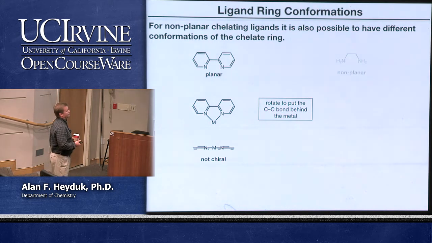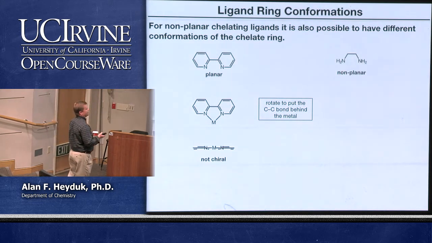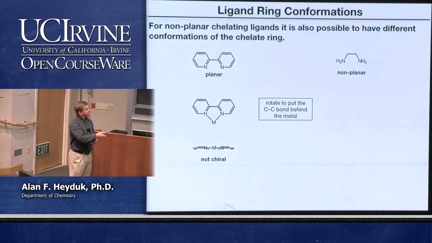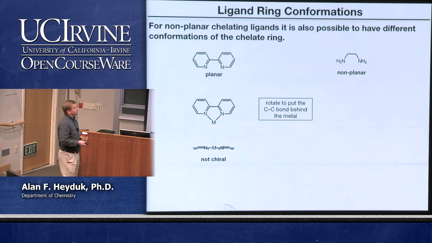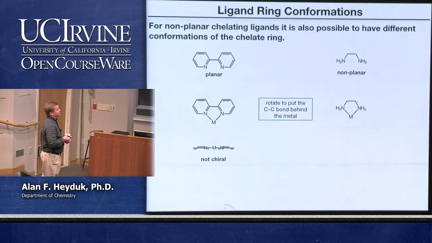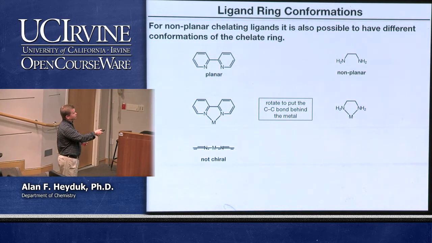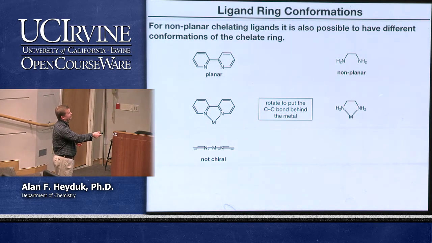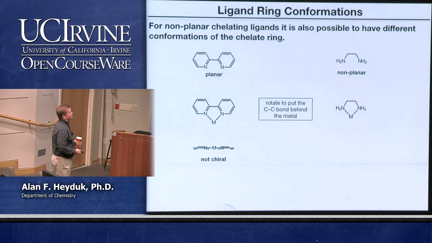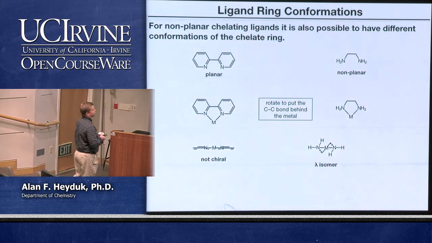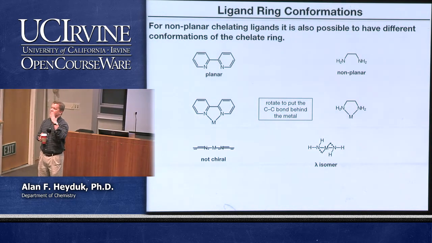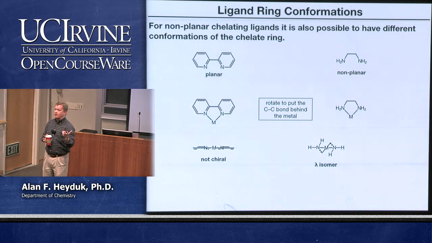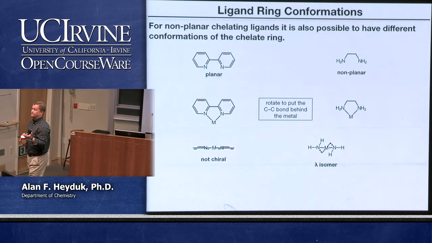On the other hand, if we look again at ethylene diamine, we know that when this backbone is saturated, it's a non-planar type species. We might draw the 5-membered ring like this, but if we rotate and look down that same plane defined by the metal atom and the 2 nitrogens, what we would see is that there's a kink because of the sp3 hybridization of the carbons in the ethylene linker.